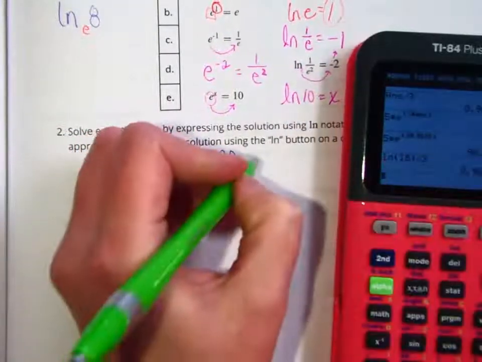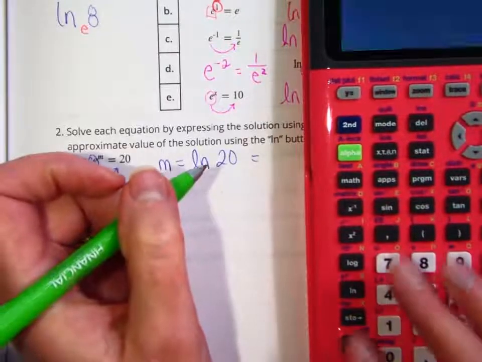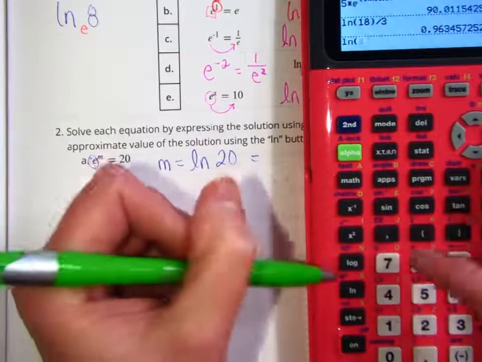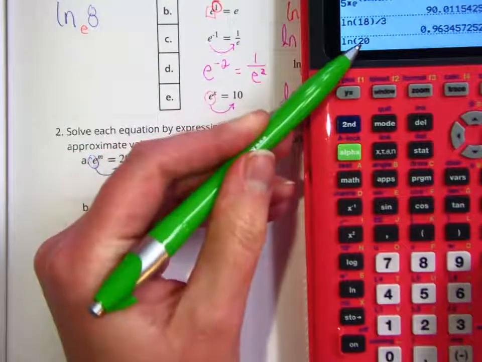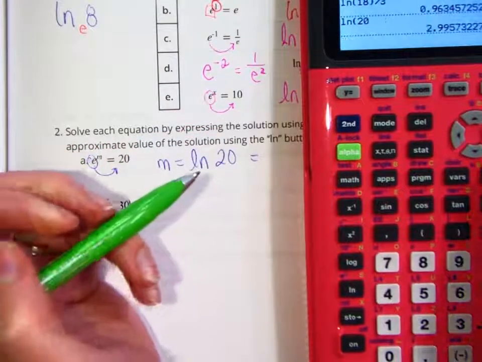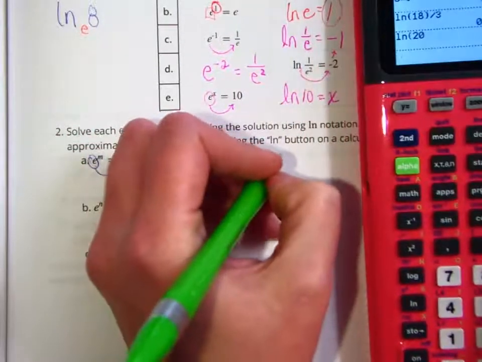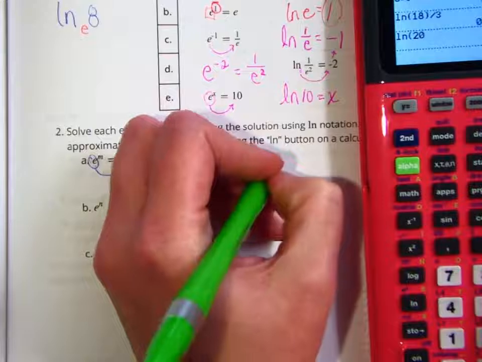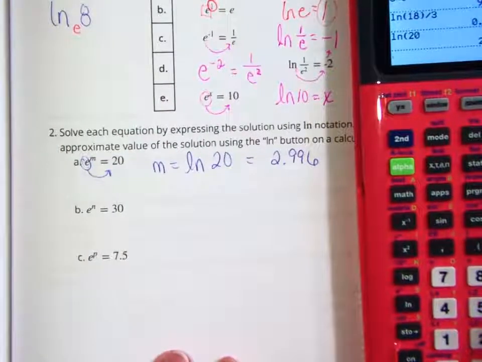And when we go look at that on our calculator, the natural log, ln, right here, of 20 equals 2.99573, or when we round it to 2 decimal places, oh man, 2.996.